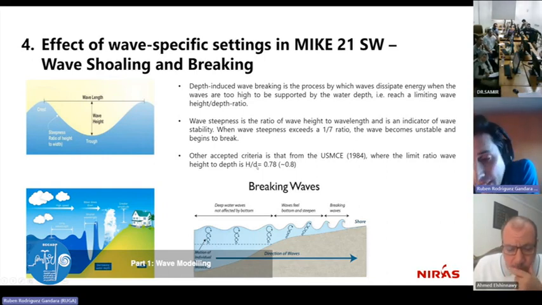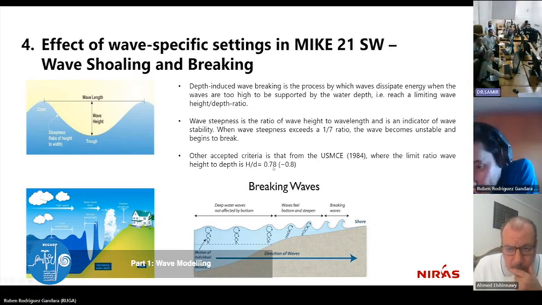But that doesn't happen in nature because there are other nonlinear effects that will not let this happen. What has been observed by the U.S. Corps of Engineers is that there is a limit. They have never seen waves whose height, relative to the local water depth, has a ratio above 0.78 or 0.8.